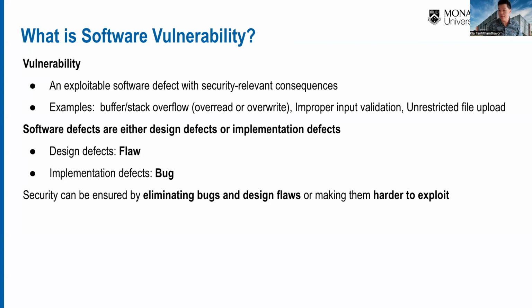What does that mean? Let's say this is an image sharing system in the cloud, and you upload an image that is embedded with malware or spyware in order to hack the image server. That's called unrestricted file upload.